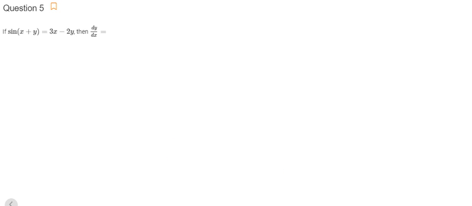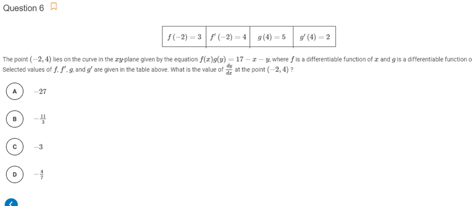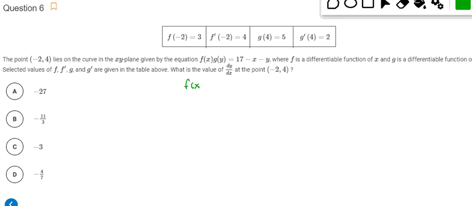All right, number 6. What's going on here with number 6? Okay, I'm not going to read that, but I'm just going to hop right into solving this here. We want to know dy dx at that point, but we have this part right here. So what we're going to have to do is say that, I'm going to go ahead and rewrite that. F of x g of y equals 17 minus x minus y.